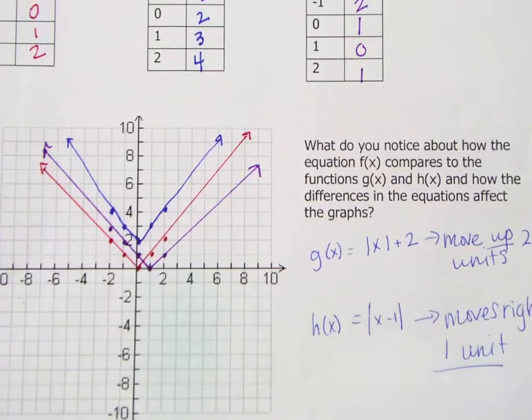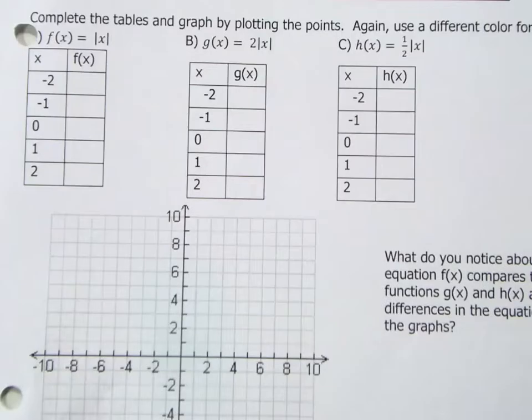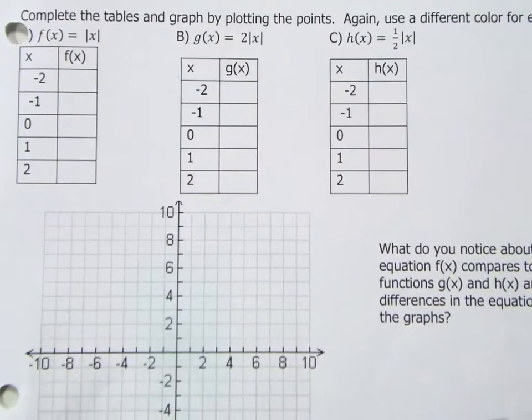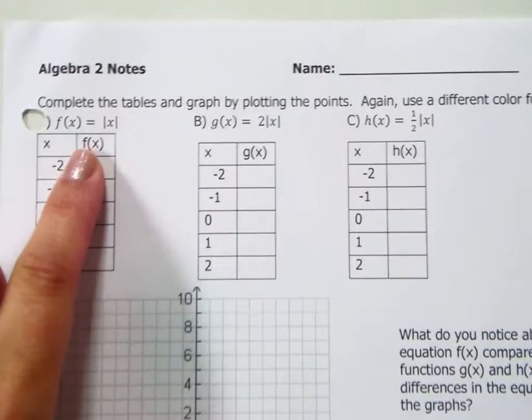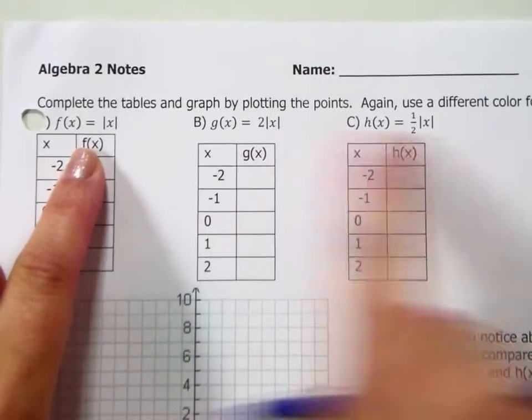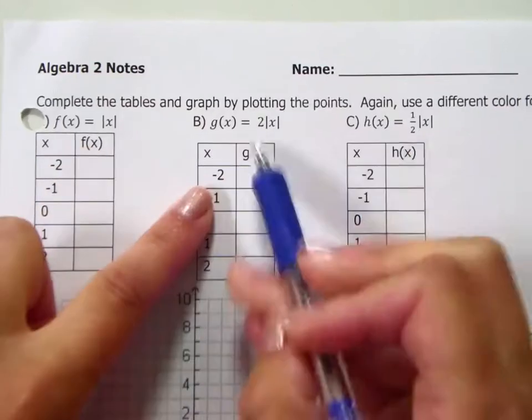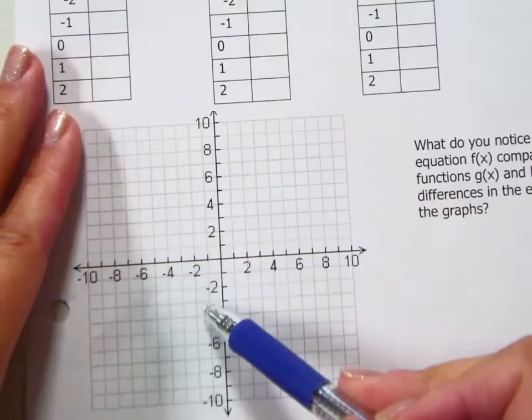All right, what I would like you to do is a very similar thing. There are 3 more functions, 1 more graph. You are going to do a similar thing, kind of compare from the original and then to the 2nd and 3rd graphs. See how the changes in the function affect the graph, and then make some observations.